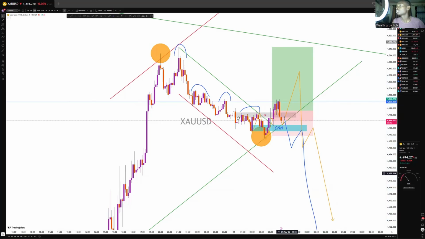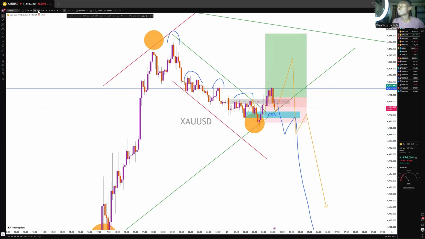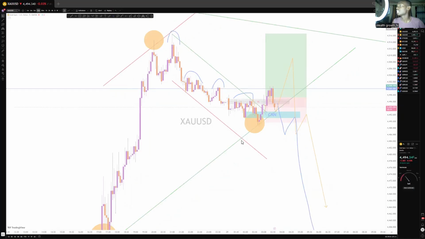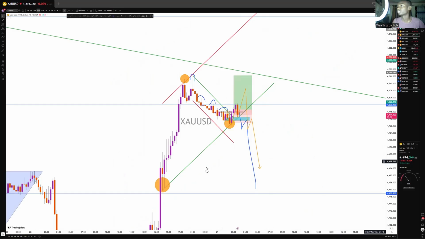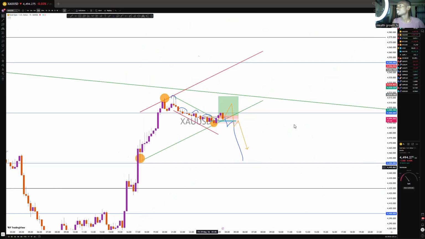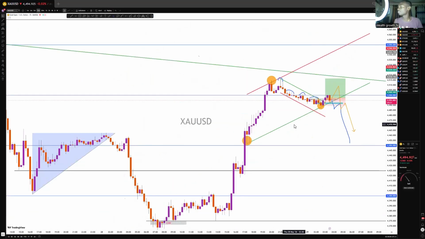Now it's not like a manipulation like what was happening yesterday. It's very important to understand that, because yesterday we had a lot of manipulation around psychological levels. Now today we are also looking at the same case on a higher time frame.